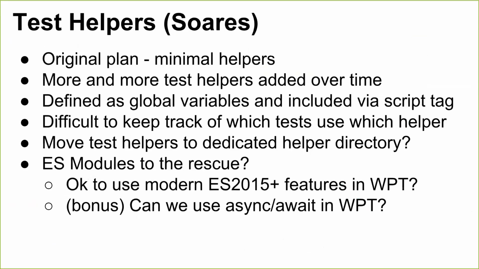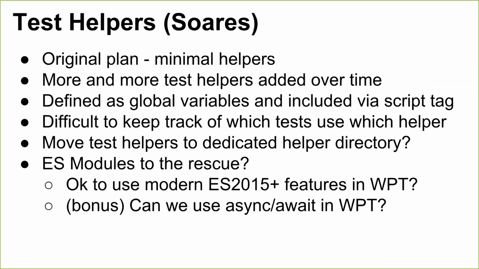So I guess there are some ways that we can keep in mind, especially when we are doing some more refactoring. For example, maybe we can move the helper functions to a new helper directory.